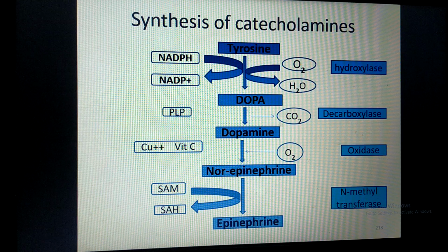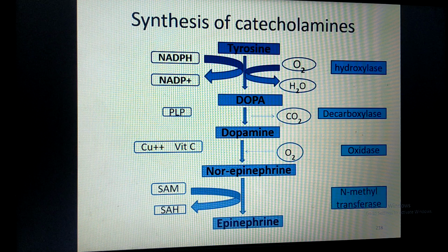So dopa and water are the two products which contain the two oxygen atoms. Therefore it is a monooxygenase type of enzyme, and the coenzyme is NADPH, which supplies two hydrogen atoms in this reaction. Later on, this dopa or dihydroxyphenylalanine undergoes decarboxylation to form dopamine.